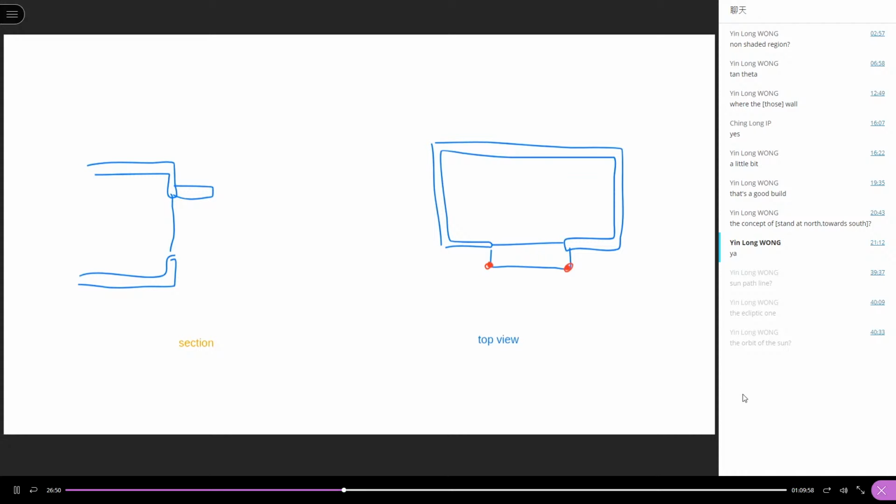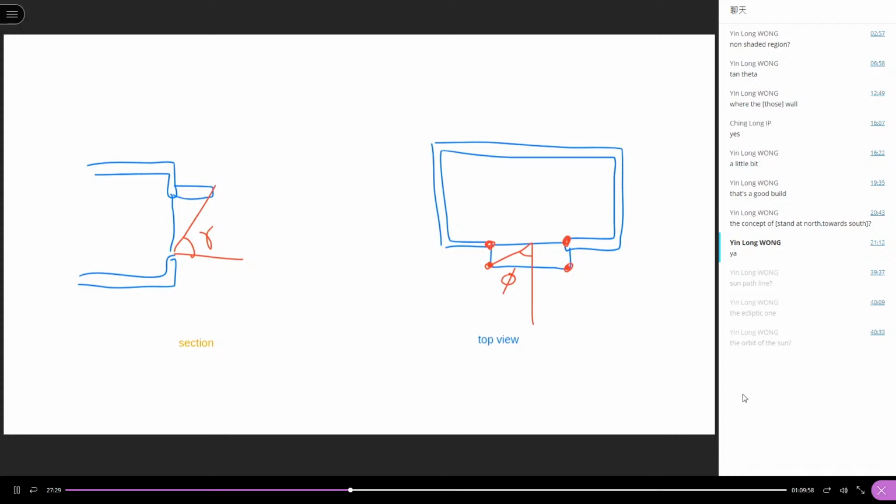For these 2 points, you can find out the azimuth angle as well as the altitude angle, and then plot these angles onto the sun path diagram. To make it easier, maybe you can consider 4 points.